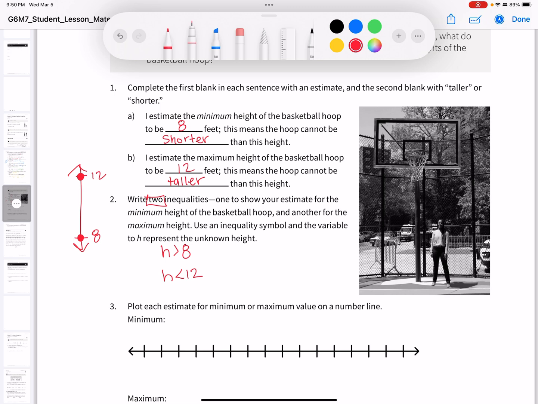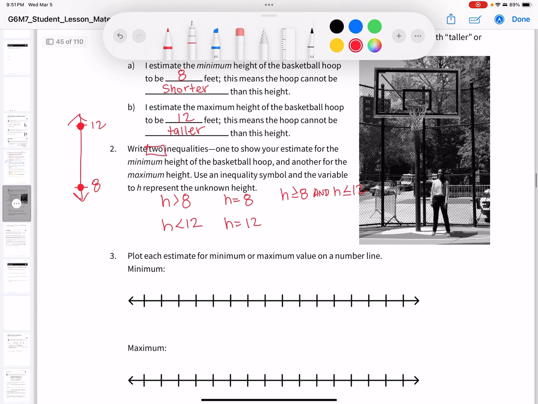So here I have to say h could also equal 8, and h could also equal 12. So if I were going to write that, I would say h is greater than or equal to 8, and, right? That "and" is kind of weird. Let me rewrite that. And h is less than or equal to 12.